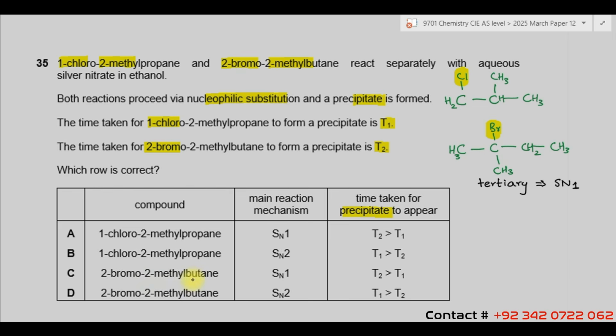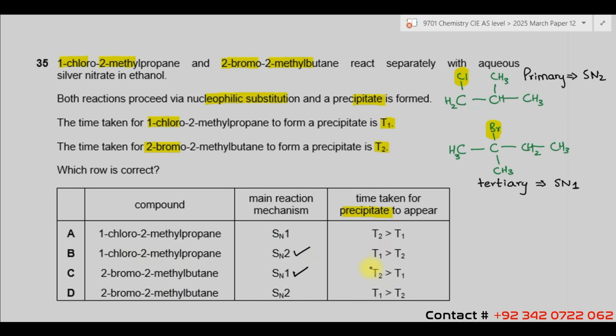So 2-bromo-2-methylbutane will follow SN1. And this one has chlorine, which is attached to carbon, and this carbon is directly attached to only one carbon. So it is primary halogenoalkane. Primary halogenoalkane follows SN2. So B and C could be correct.